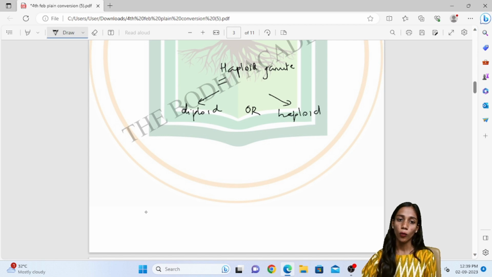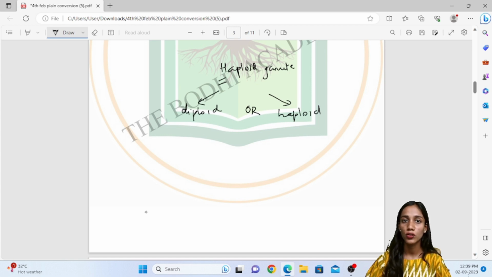Whatever is the number of chromosome sets in the original organism, the gamete should always be haploid. The organism may be diploid or it may be haploid, but it should always produce a haploid gamete.